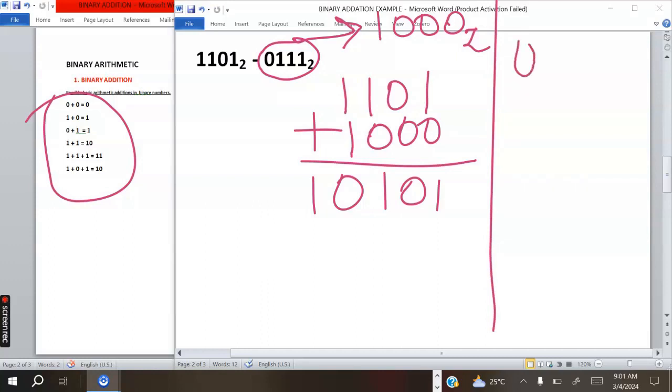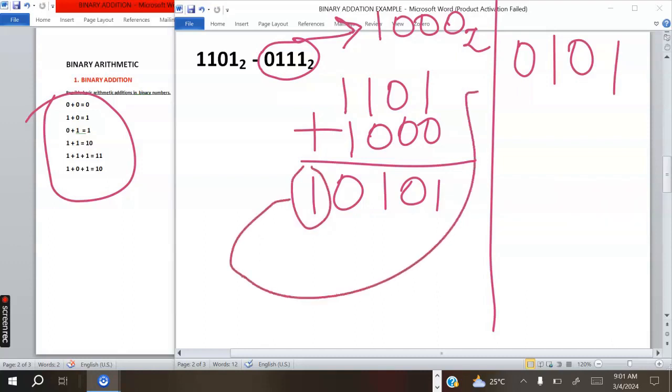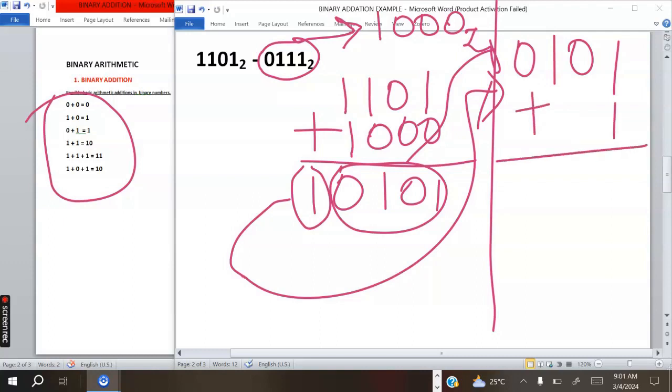That is 0101. So I have exempted this one, then I will add it here. This is what we have at the top. So what I will need to do is to add the 1 here. So 1 plus 1 is 10, then carry 1.